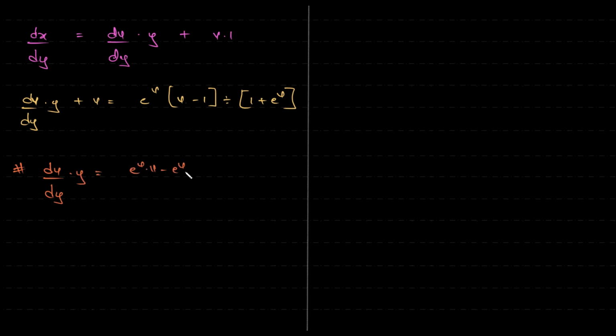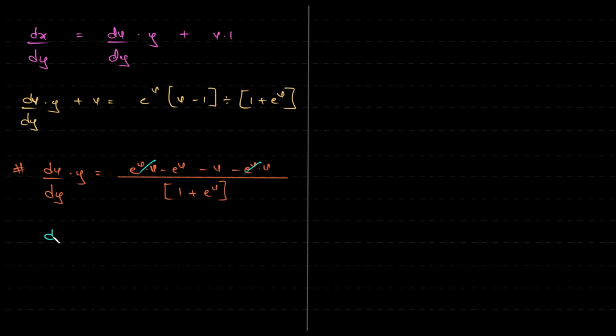I'm going to use distributive property and spread this out, and we have minus v minus e to the power of v into v divided by 1 plus e to the power of v. So this and this will get cancelled, and we have this. Okay, I think I didn't do any silly mistake. No, it's right. And now we can rearrange.